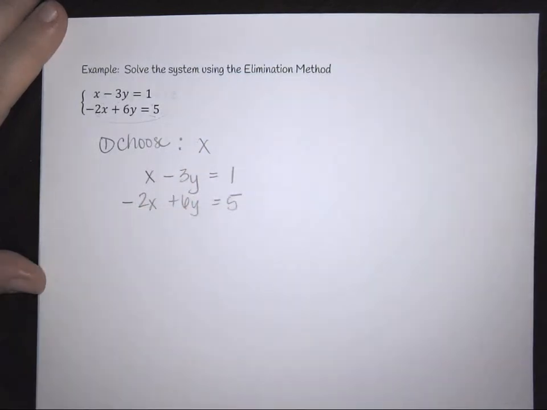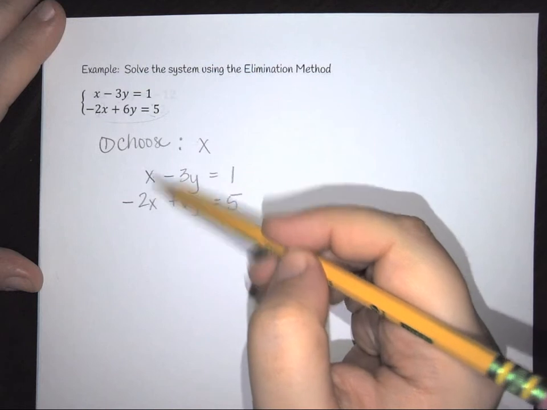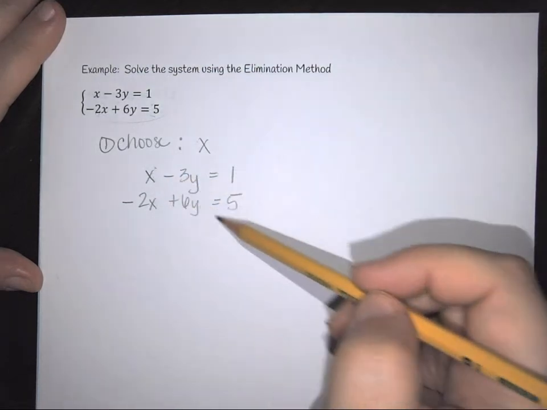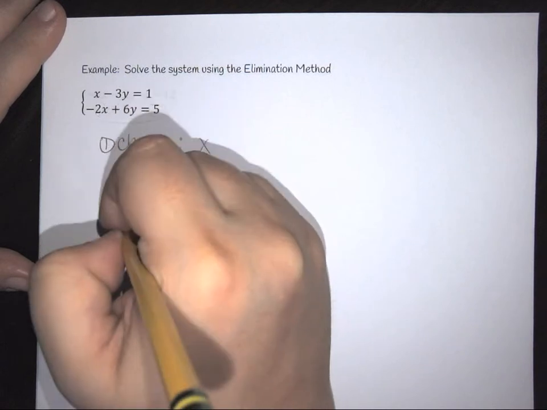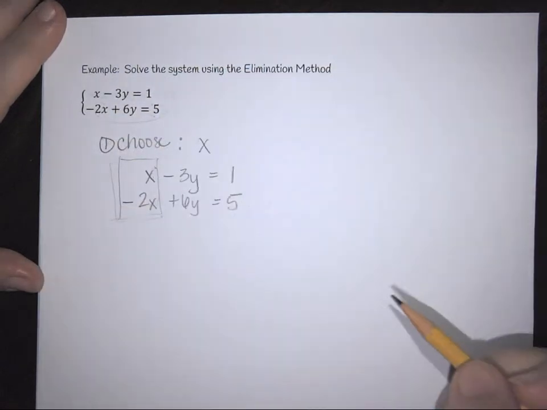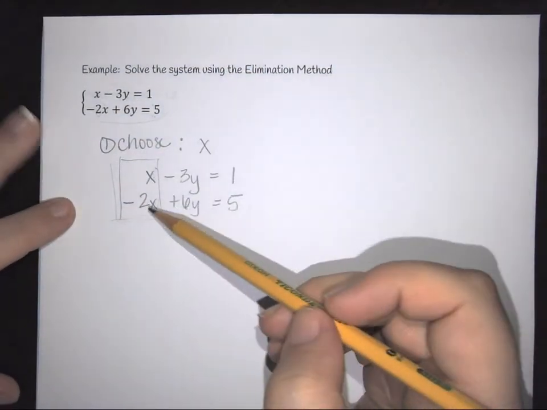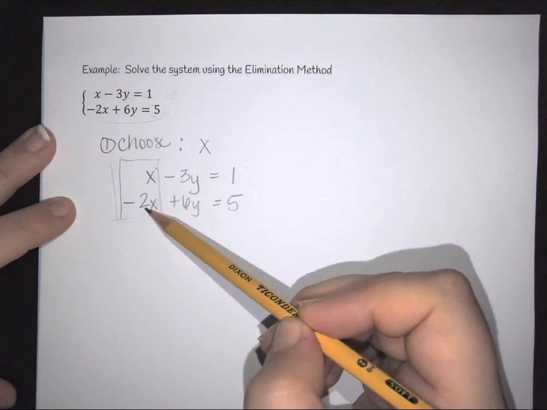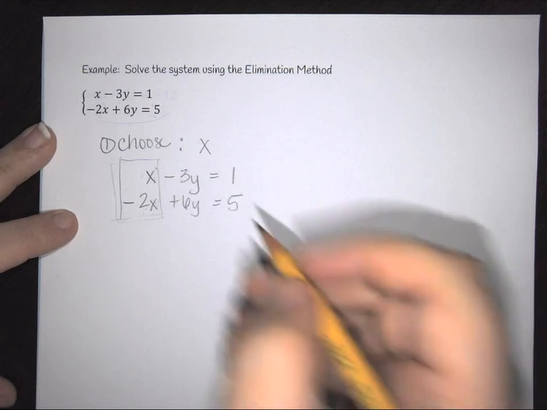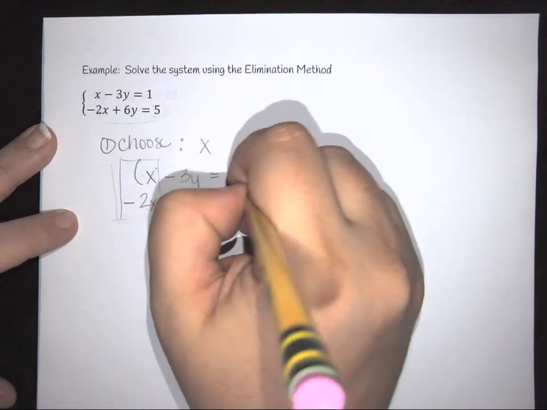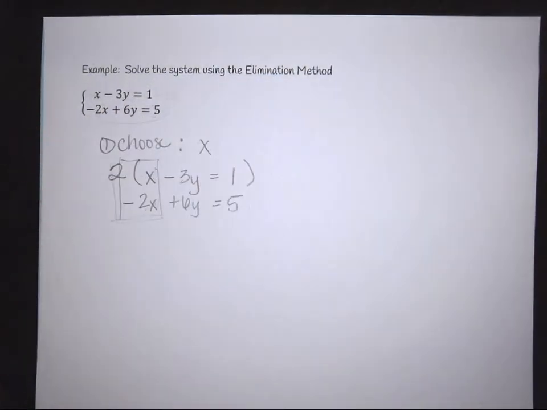My goal is to add them together, but I need to have the same coefficients with opposite signs, so I'm ignoring the rest of the equation and just looking here at what I have to do. I need to multiply this top equation by 2. So I'm going to multiply this entire top by 2.